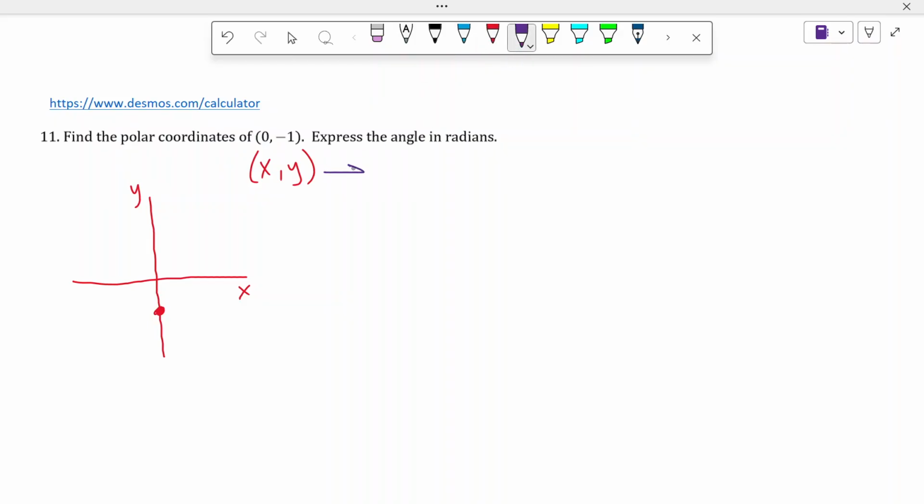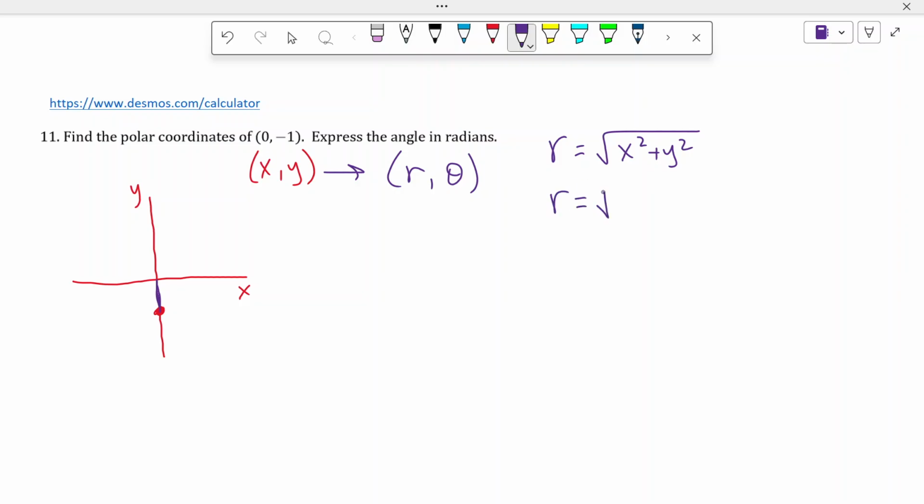Now we got to turn this into an r and a theta. That's our polar coordinate. Well, let's just use the formula. So r equals the square root of x squared plus y squared. Oh yeah, Pythagorean theorem. Although wait, where's even my triangle here? It's technically just a squished triangle straight down here. Oh well, let's use the formula.